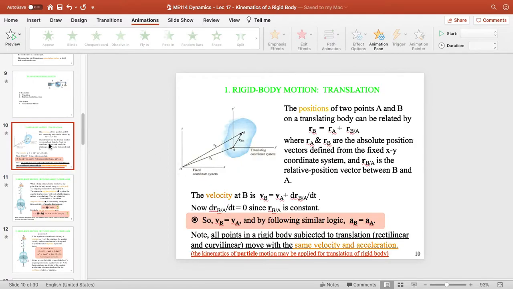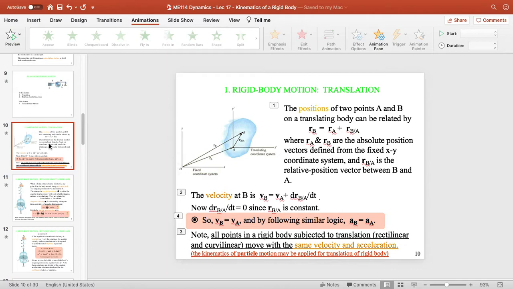So just as a little recap of translation, we saw that translation is the case when all of the points of the body, or all of the particles of the body, have the same velocity and acceleration. What we can do is choose just one point and represent the motion of the body using just the motion of that one point.